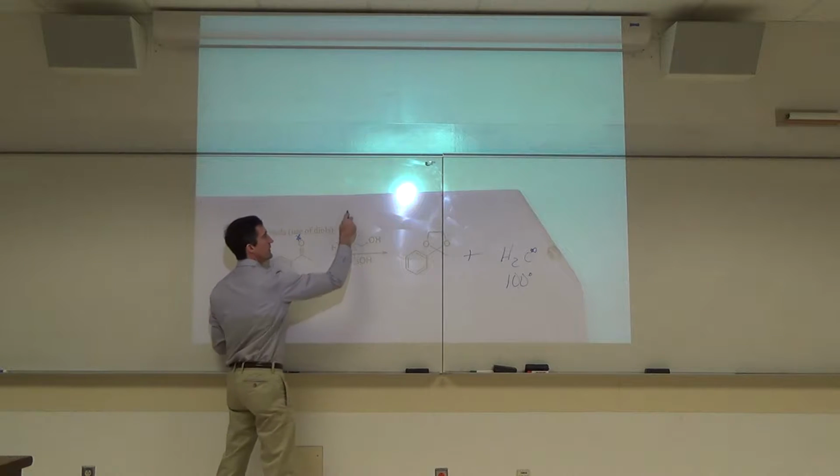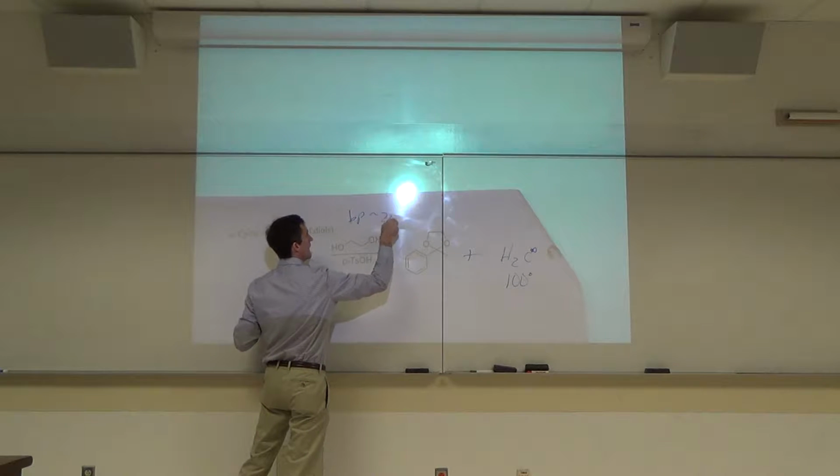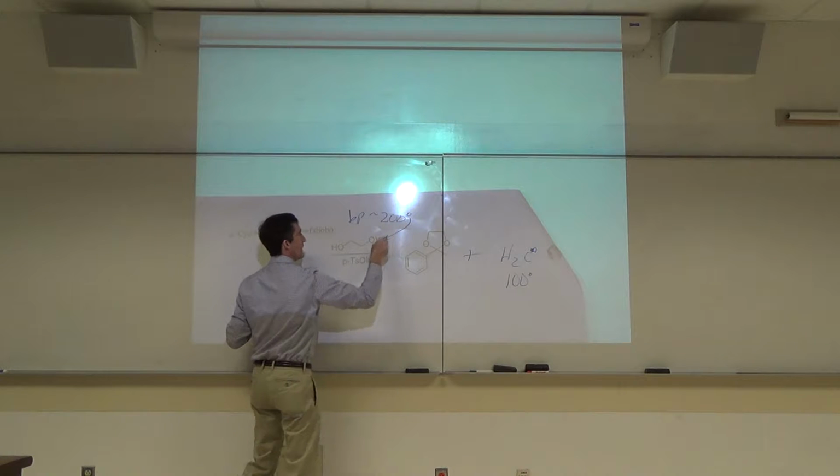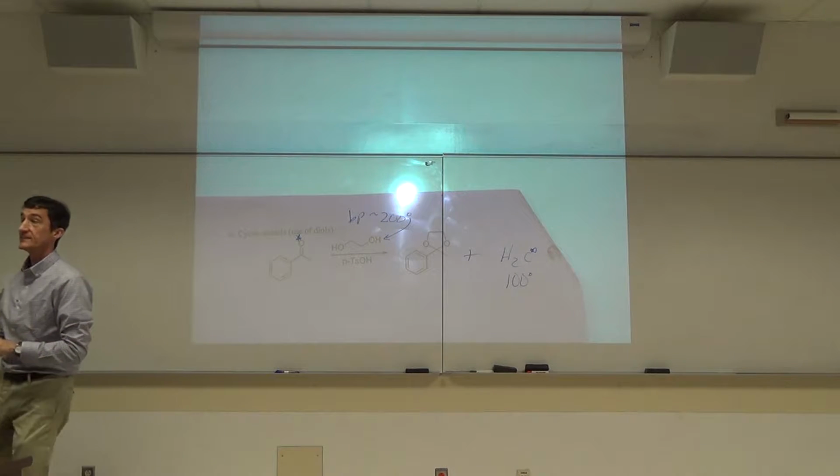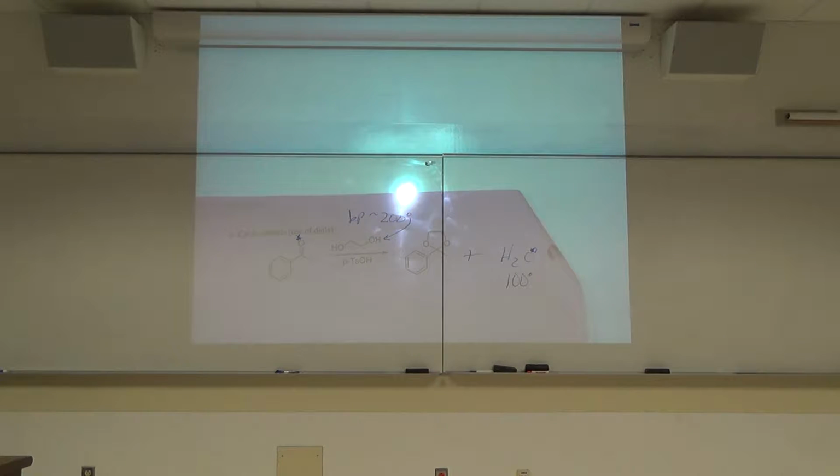This here, though, it's a diol, and the boiling point is like 200 degrees because it's got lots of hydrogen bonding. And so you can do your reaction at say like 120, and as the water forms, it'll come out as steam, boil over, but you won't lose your diol. So it's just about convenience in that manner. That's one of the major reasons you make cyclic acetals. Just in practice, it's easier to use a diol.